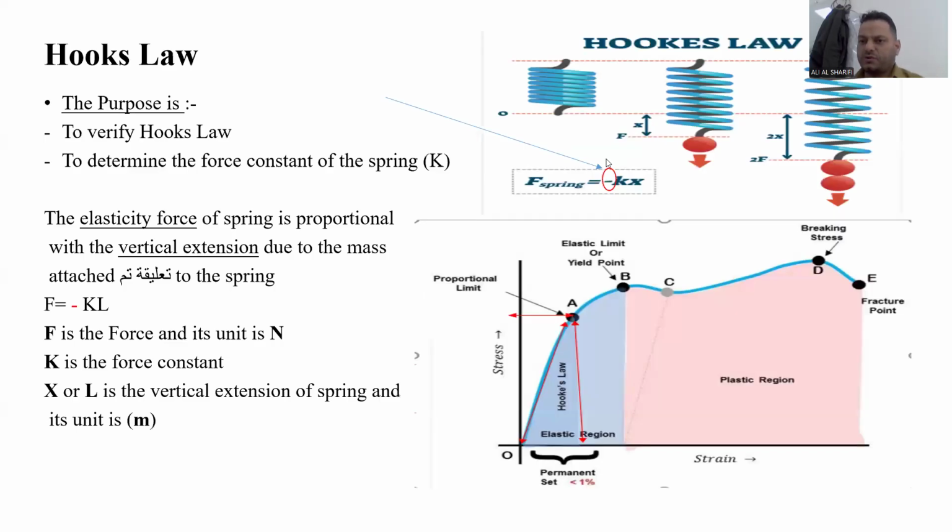Here, at first, we know we have three different forces: compressive, tensile, and shear, with different directions, which can destroy something. We have two purposes in this example: to verify Hooke's law and to know how we can calculate the K constant of any spring.